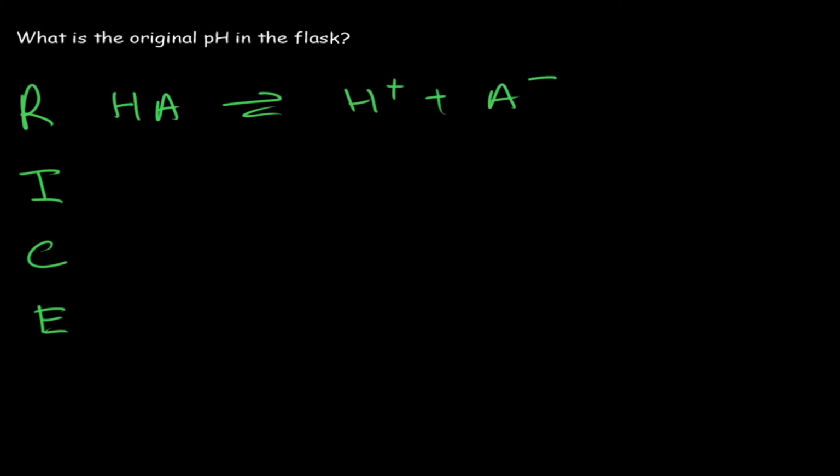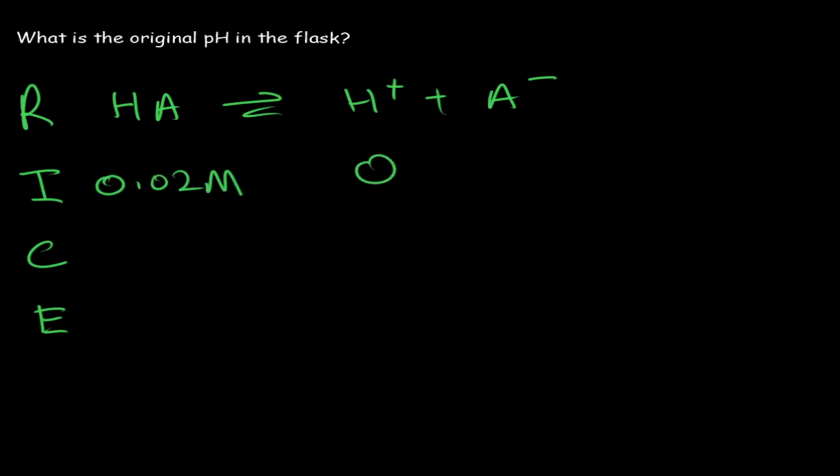We'll be using a generic reaction so that you can use this for any type of question you get as well. So what is our initial amount? Well, since we're working with a weak acid alone right now and the volume is constant in the flask, we don't need to use moles, so we can just use molarity. So the molarity of our acetic acid is 0.02 molar.